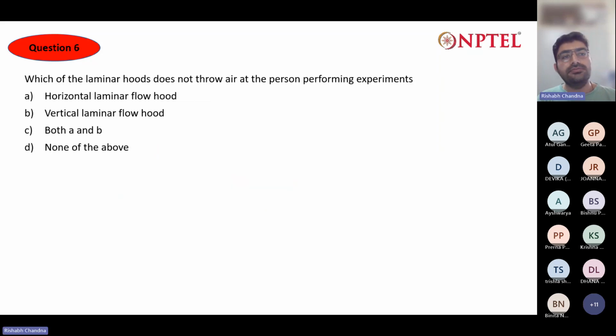Okay. So the next question is, which of the laminar hoods does not throw air at the person performing experiments? The options are horizontal laminar flow hood, vertical laminar flow hood, both, or none. So can anybody guess?